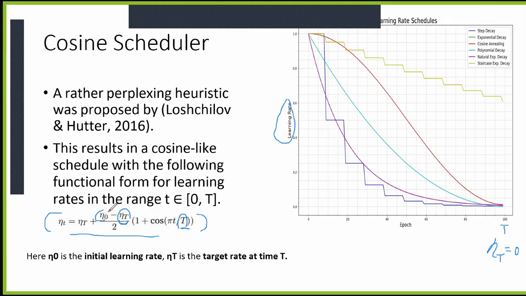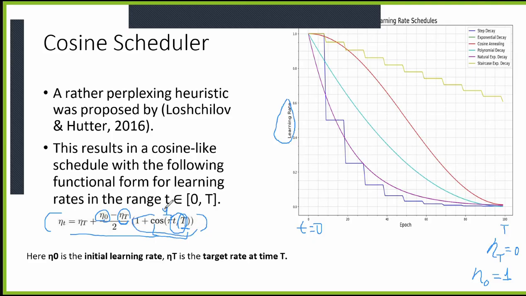And the eta 0 indicates the initial learning rate where we start from, which would correspond to 1 in this case. So basically when time is equal to 0, the cosine of 0 is 1.